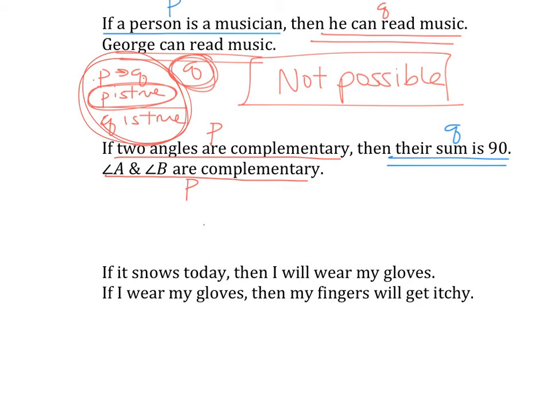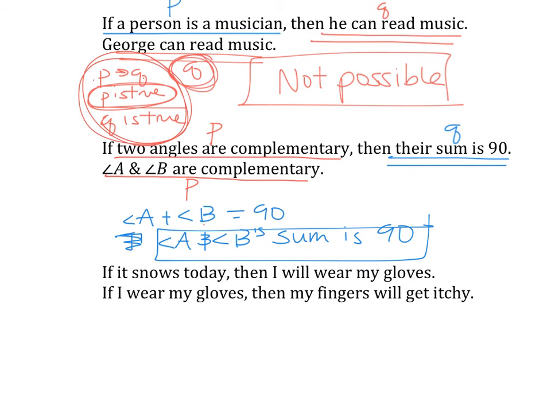We can then say angle A plus angle B should equal 90. Or you can say angle A and angle B's sum is 90. Either one of those would be an acceptable answer.